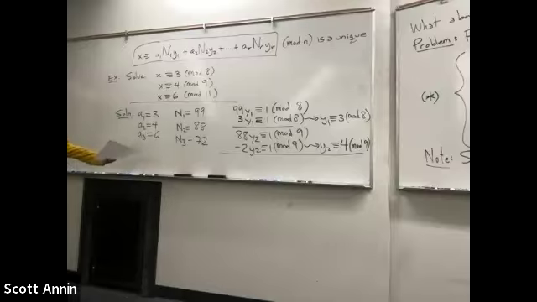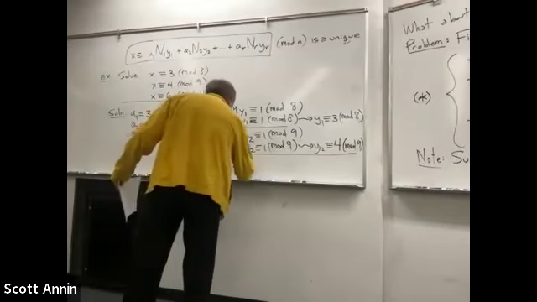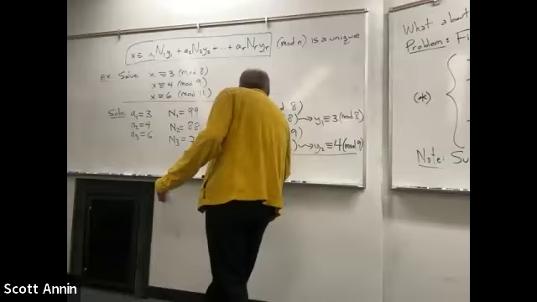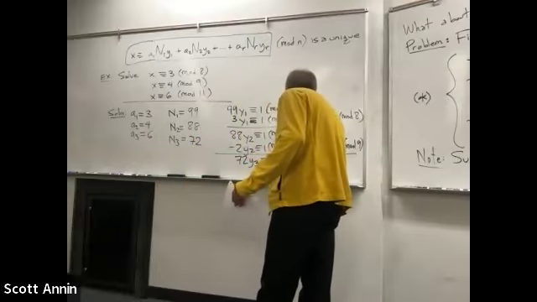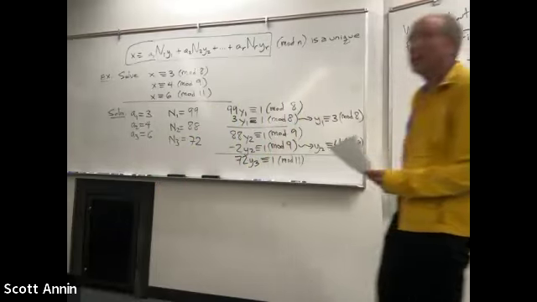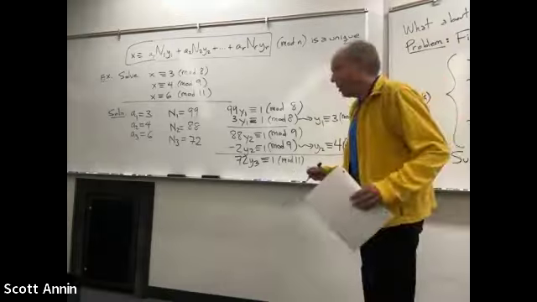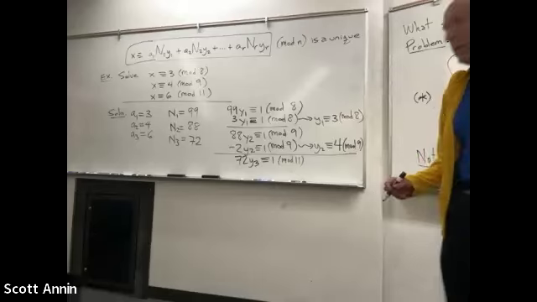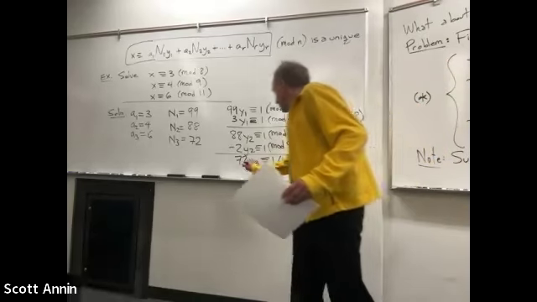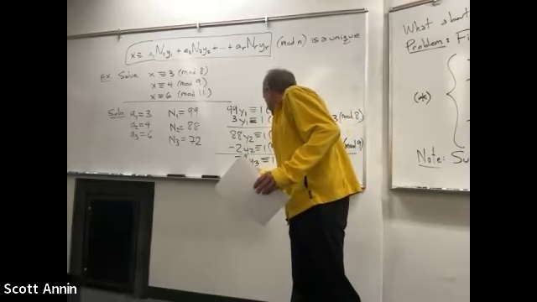And then the last one is N3 times Y3. So 72 times Y3 should be congruent to 1 modulo 11. This one might be a little hard to do in our head. 72 reduces in mod 11 to 6.